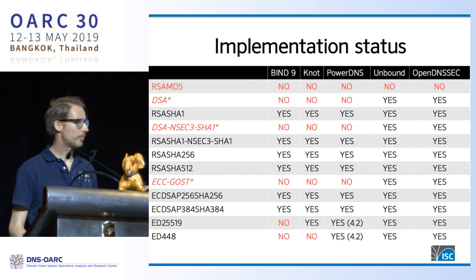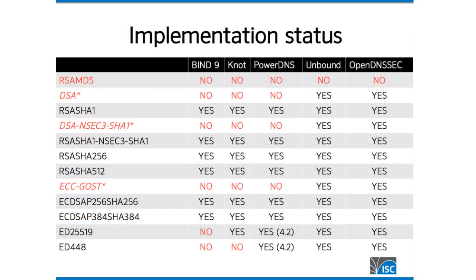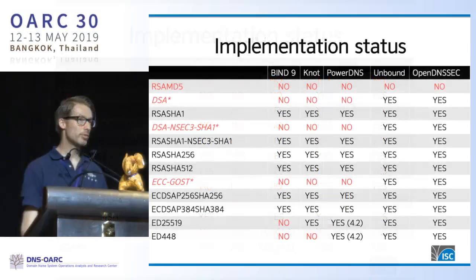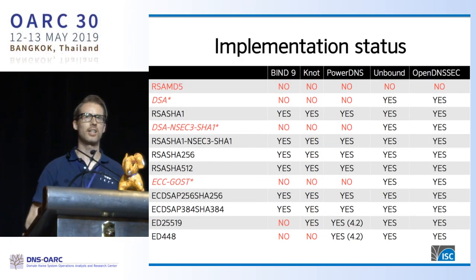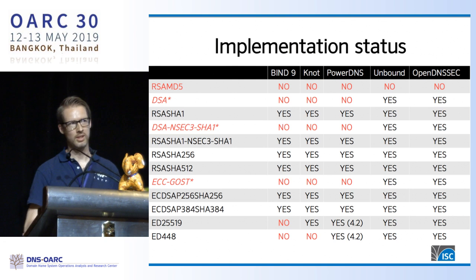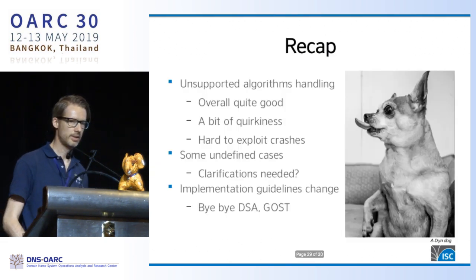Also, we're having this implementation guideline, and this is from the latest draft, and you can see which ones are supported and which are not. And as mentioned in the previous presentation, you can have a transition period where one name server supports an algorithm and the other cannot, and you should be able to deal with that period.